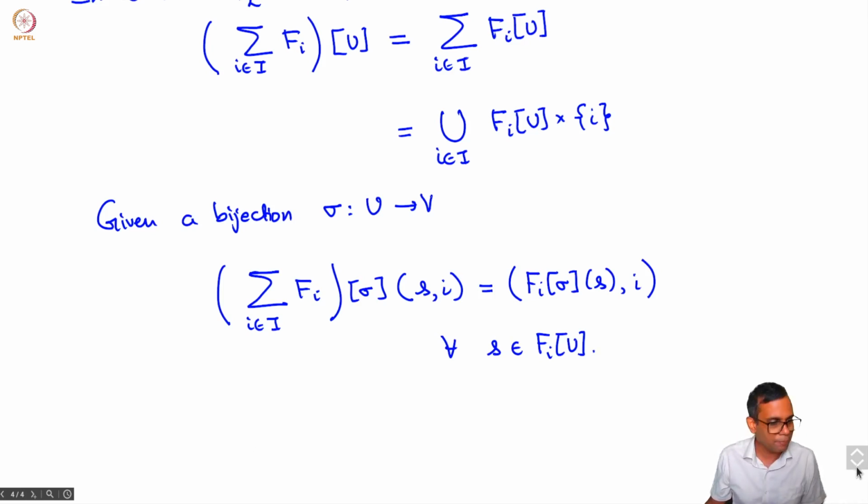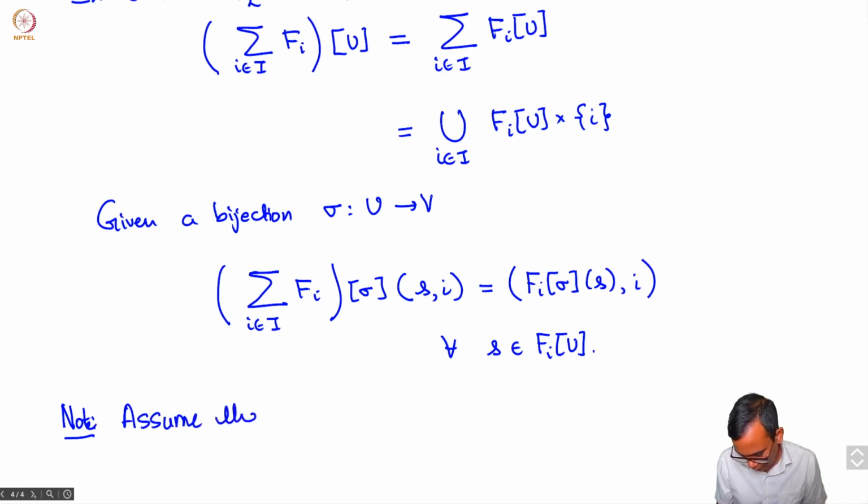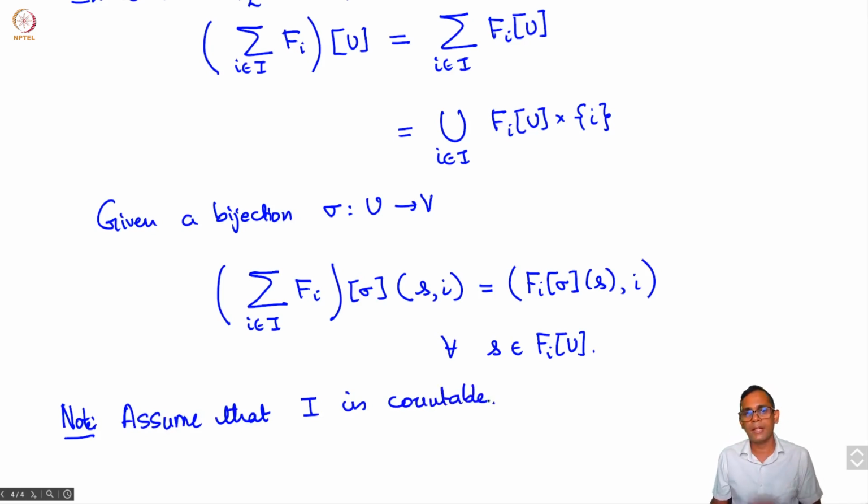Now, what happens with the generating functions? Firstly, note that we can assume without loss of generality that I is countable, because for every set U of cardinality n, whether F_i(U) is trivial or non-trivial depends only on n.